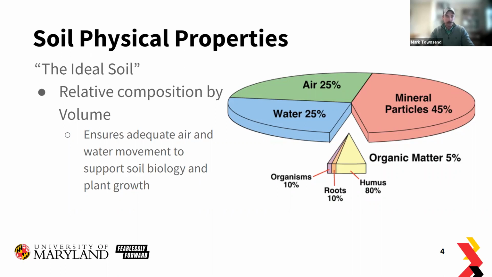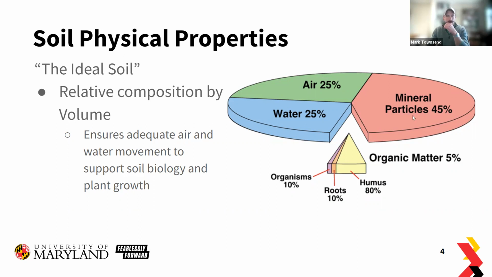Really, it ensures adequate air movement. It supports soil biology. We have to have water infiltration and movement therein. We'll touch on that in a moment. We'll also move into the organic fraction as well, but that's for a later discussion.